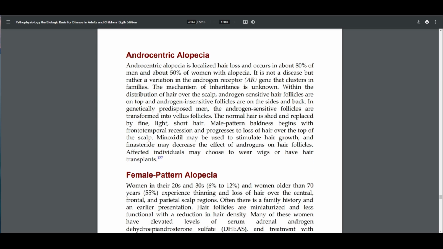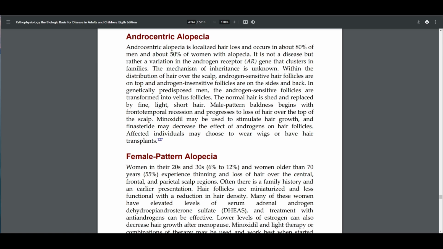Androgenic alopecia. Androgenic alopecia is localized hair loss and occurs in about 80% of men and 50% of women with alopecia. It is not a disease, but rather a variation in the androgen receptor gene that clusters in families. The mechanism of inheritance is unknown.